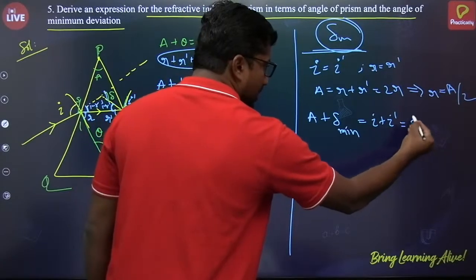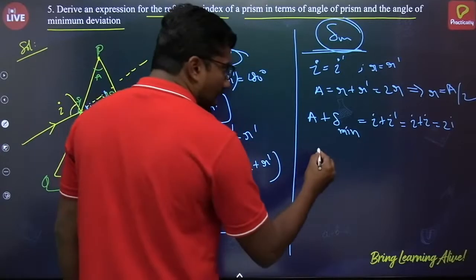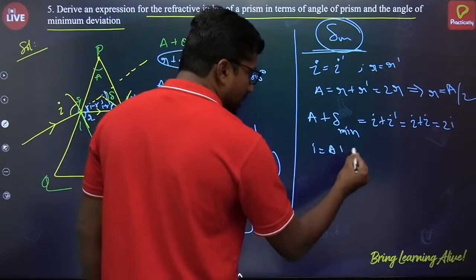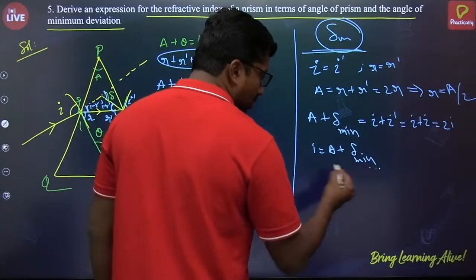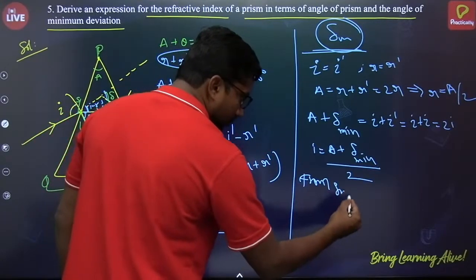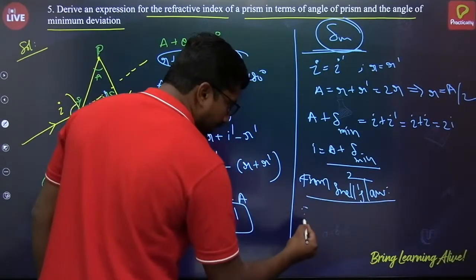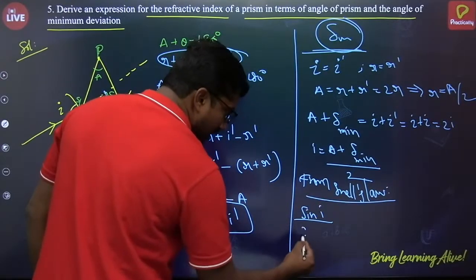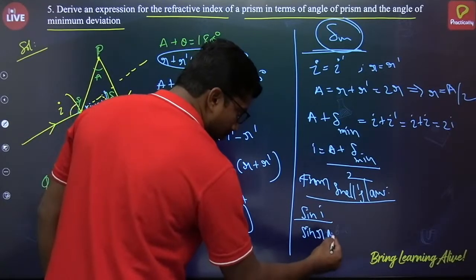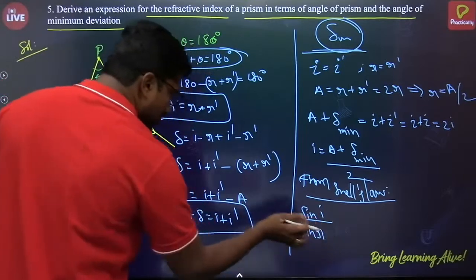That means I plus I, that is 2I. So I is equal to A plus delta minimum by 2. Now from Snell's law, we know that sin I by sin R is equal to mu.